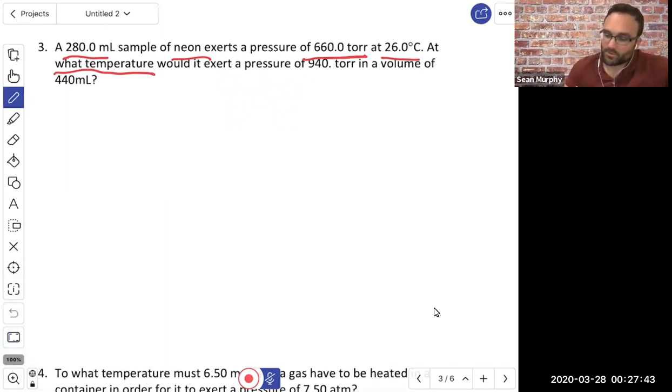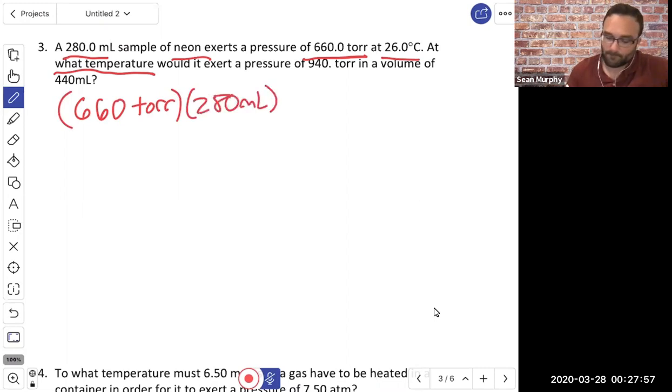First pressure was 660. And our first volume was 280. What was our first temperature? 26 degrees Celsius? You need to add that to 273.